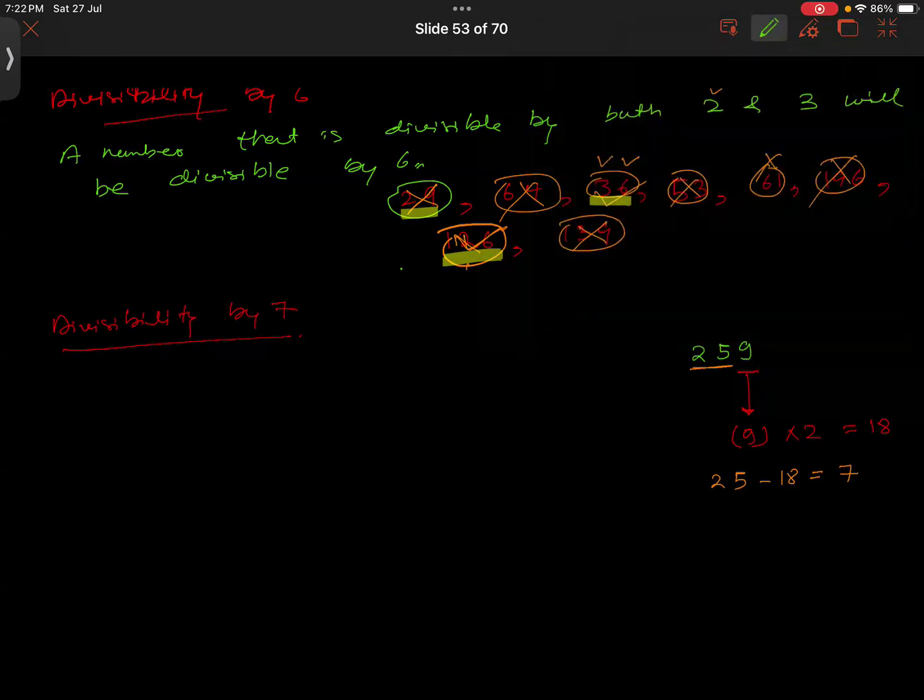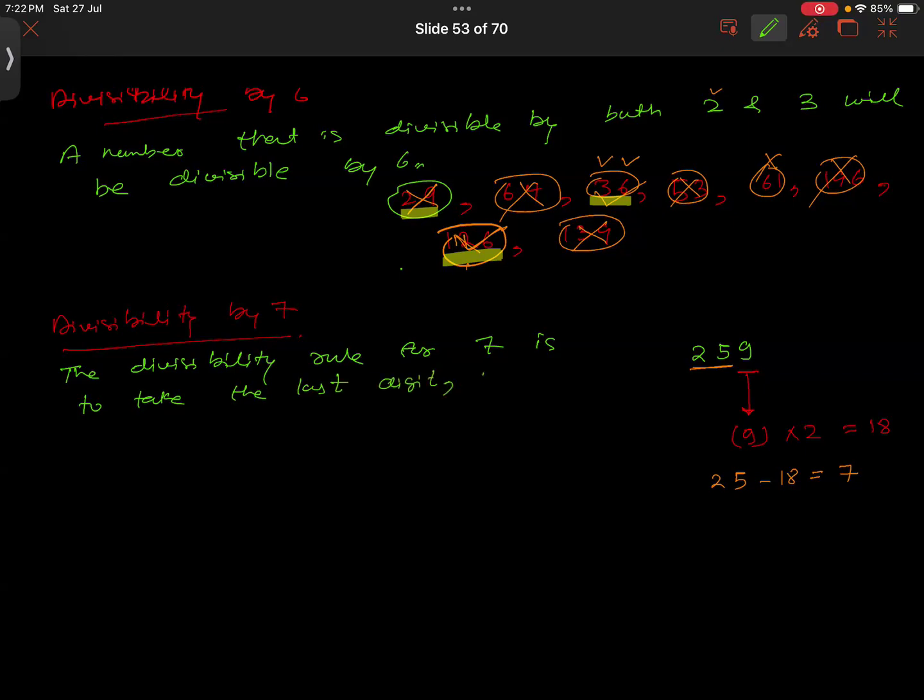First of all, the divisibility rule for 7 is to take the last digit, as we have taken the number 9, multiply it by 2, as we have done, and subtract it from the rest of the number without the last digit.